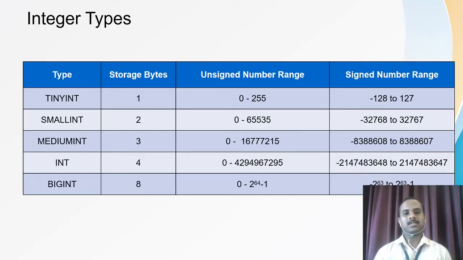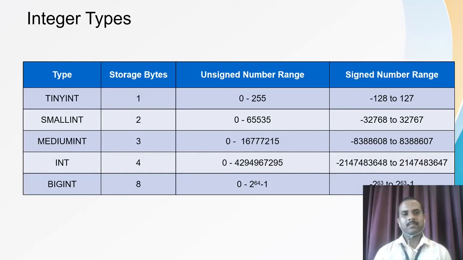While coming to the signed number range, the MSB, most significant bit, is used for the sign representation, and the rest of the bits are used for the number representation. For example, tiny int consumes 1 byte.